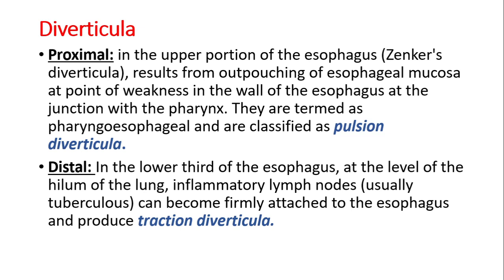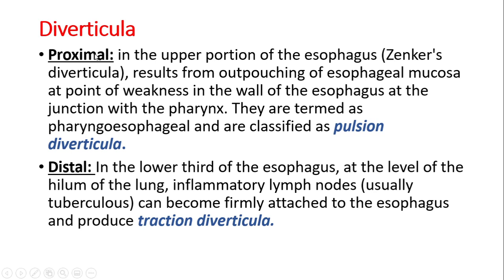Diverticula. What is a diverticulum? A diverticulum is an outpouching of the mucosa. It either happens in the upper part of the esophagus, called proximal, or in the distal part of the esophagus, called distal diverticulum.